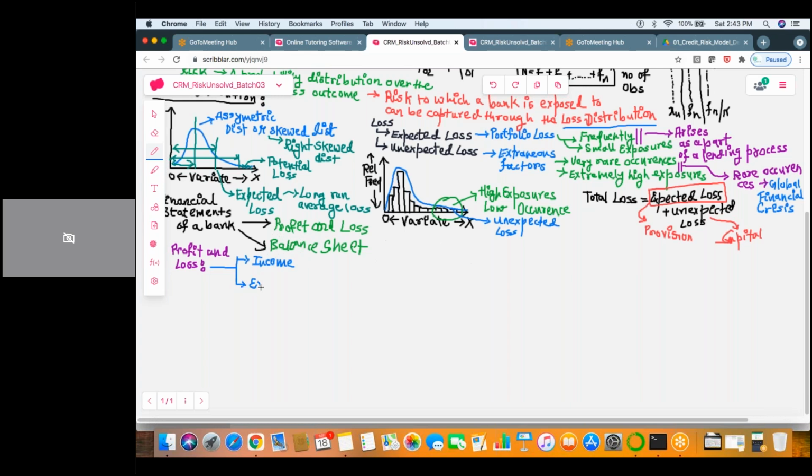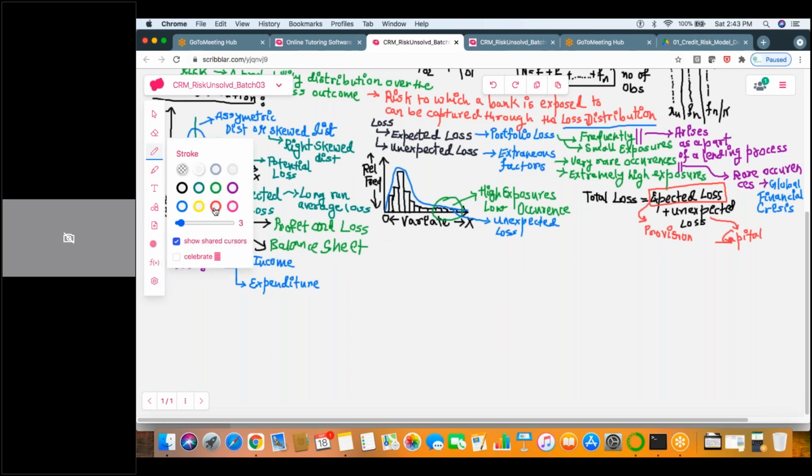The other is the expenditure of the bank and the sources of expenditure.